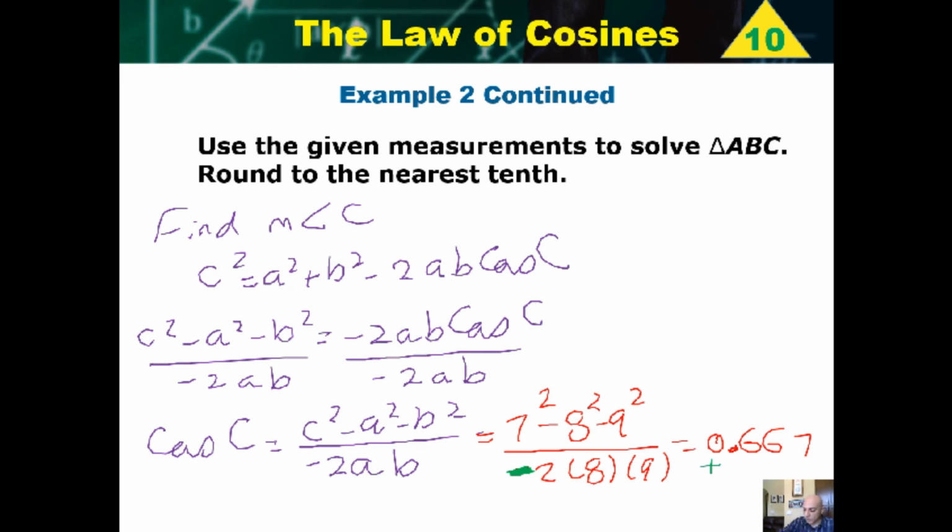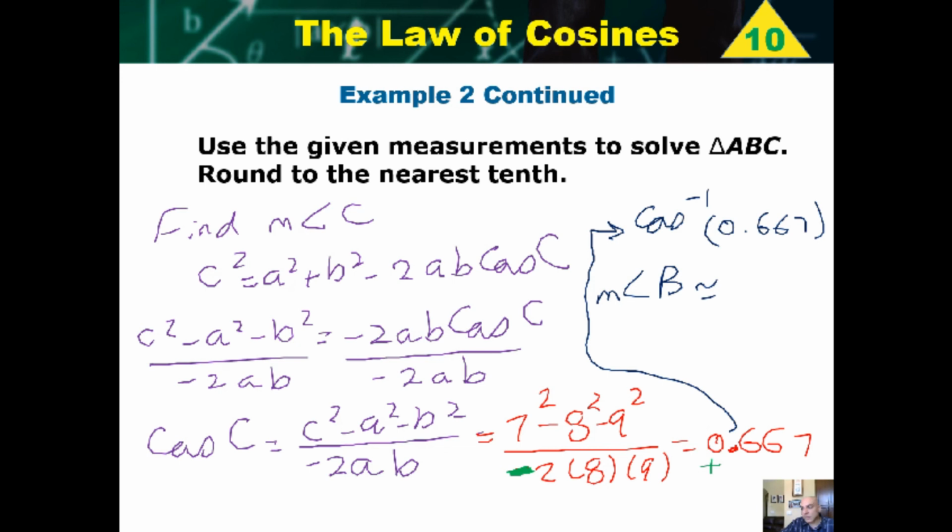Now, obviously you do the inverse of that amount, like what we've done the other time. So the inverse cosine of 0.667 should give you the measure of angle C, which is about 48.2. The measure of angle C is about 48.2.